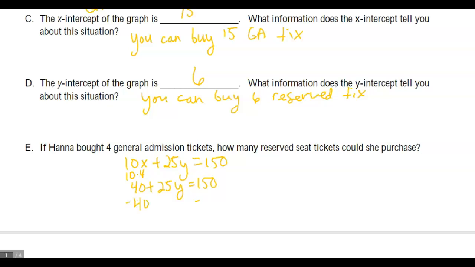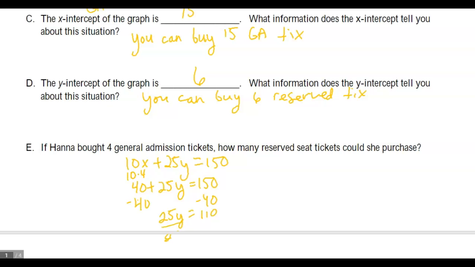Subtract 40. A few of you are still not showing these steps. Make sure you're doing that to receive credit. And when I divide this out, we do end up with a fraction. What we end up with is y equals 4 2/5.